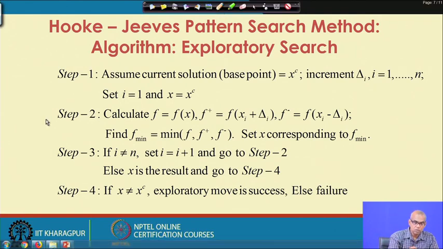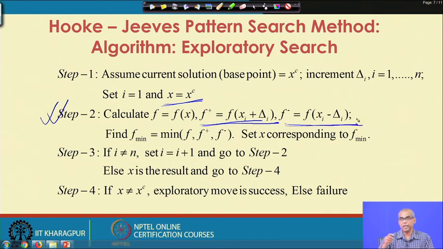Now, step 2. We calculate the function value at the current base point, and then perturb x in the positive direction and in the negative direction, and calculate the function values after each perturbation.